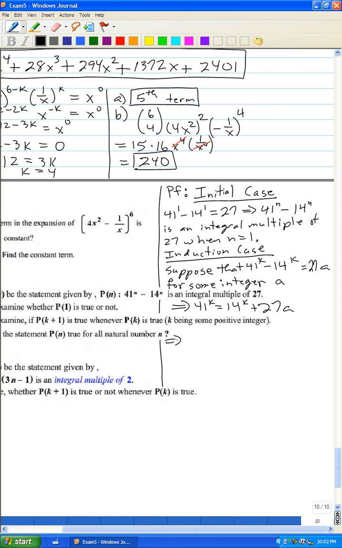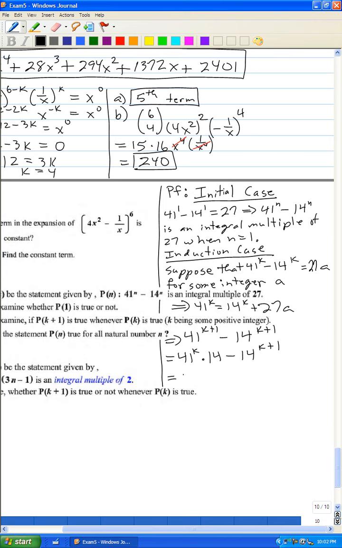So therefore 41 to the k plus 1 minus 14 to the k plus 1 is equal to 41 to the k times 41 minus 14 to the k plus 1.